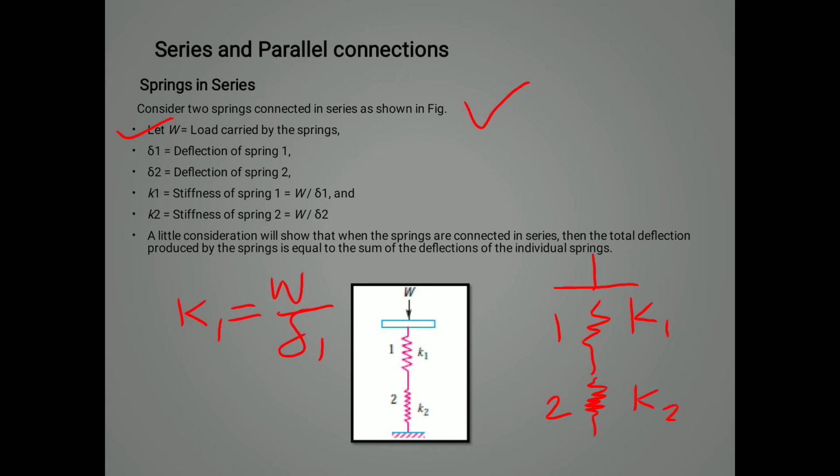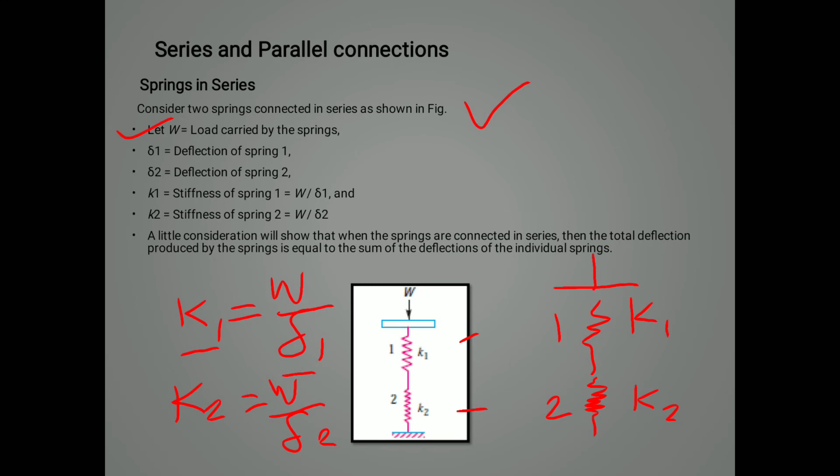Because the spring constant is different, the deflection of spring number 1 is different. Likewise, K2 is equal to W upon delta 2. So the deflection of spring number 2 is also different.